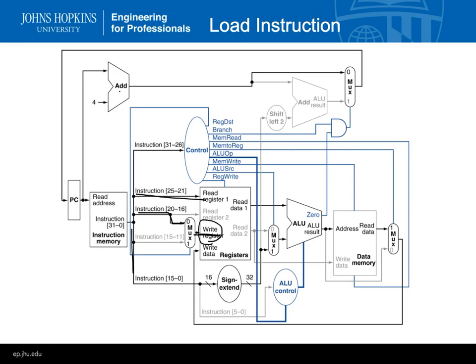I'm going to send the bottom 16 bits into this sign extend unit, and then it's going to go up here and be the bottom input to the ALU. And this result from the ALU is going to tell me what address to read. So I read the data, get the data out, and send it back and put it in a register.